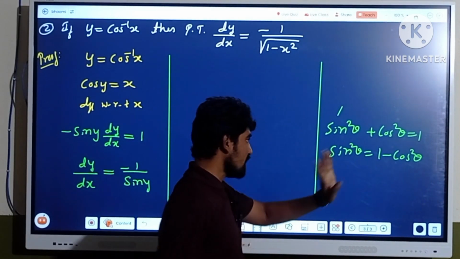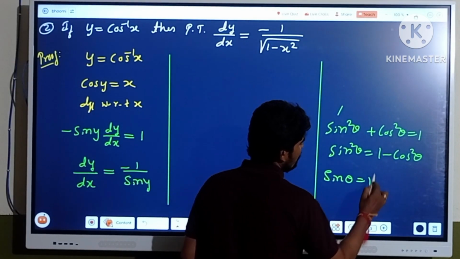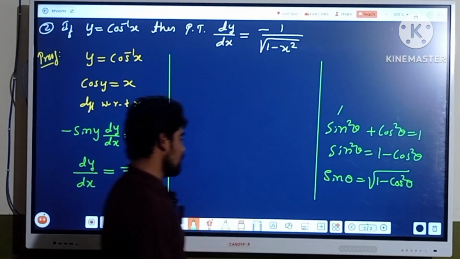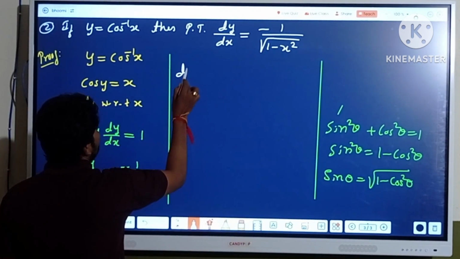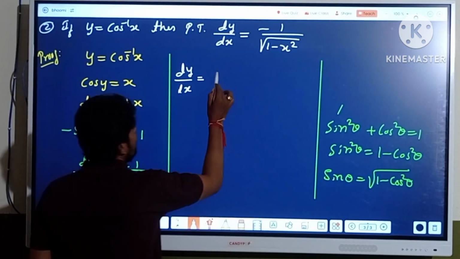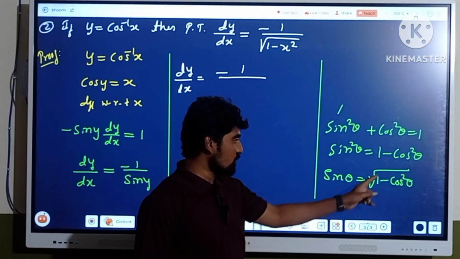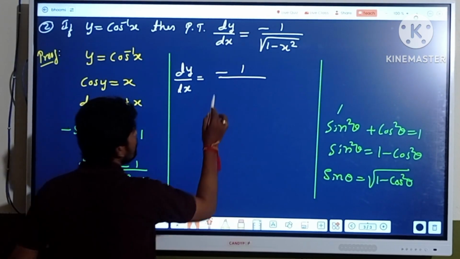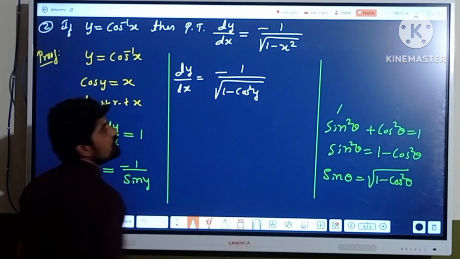So if sin square theta is 1 minus cos square theta, definitely sin theta is equal to root of 1 minus cos square theta. So therefore dy by dx can be written as minus 1 divided by, here sin theta is root 1 minus cos square theta, it means sin y is equal to root 1 minus cos square y.